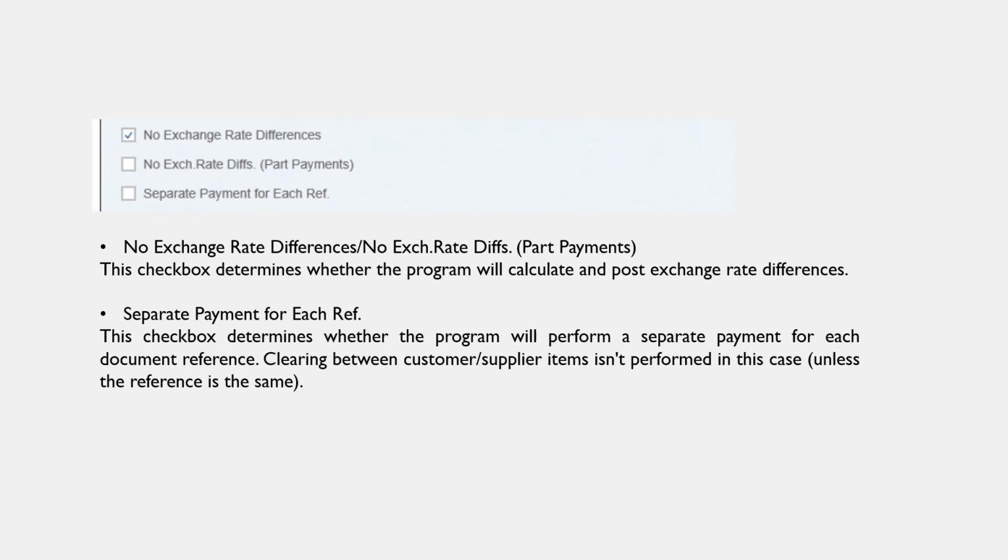This checkbox determines whether the program will calculate and post exchange rate difference. And then you got separate payment for each reference. This checkbox determines whether the program will perform a separate payment for each document's reference. So clearing between customer and supplier items isn't performed in this case unless the reference is the same.